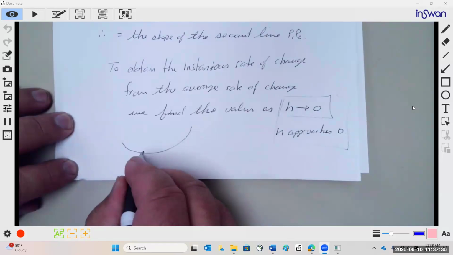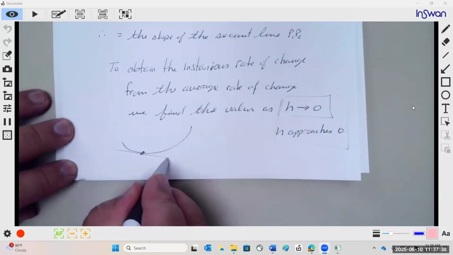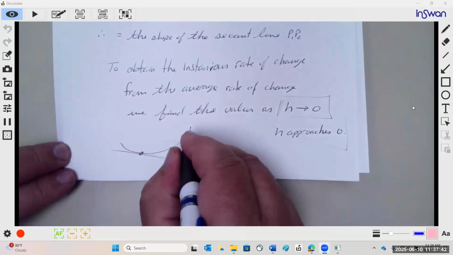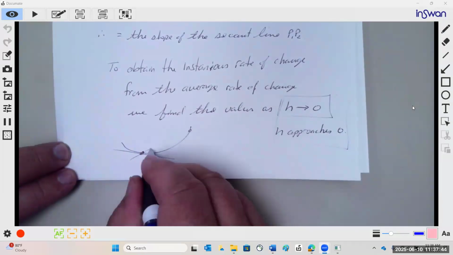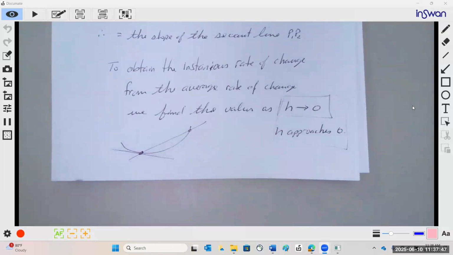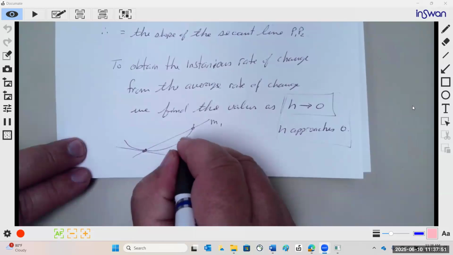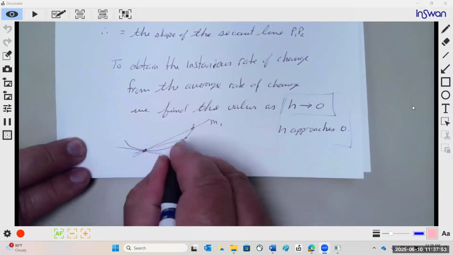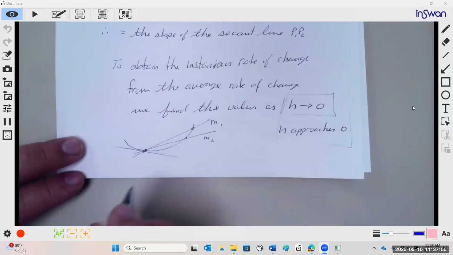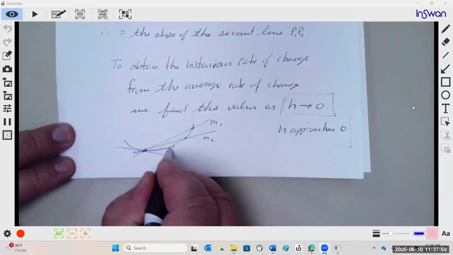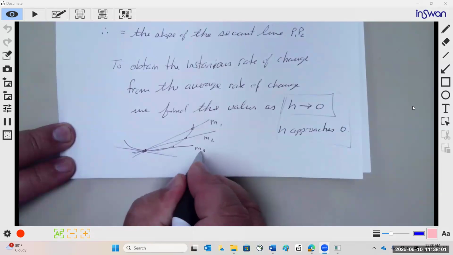So if I want to know the slope of the curve at that point there, I'd start off with this one and find the slope of that one. Then I would get closer and find the slope of this one. Then I'd go in closer and find the slope of that one.